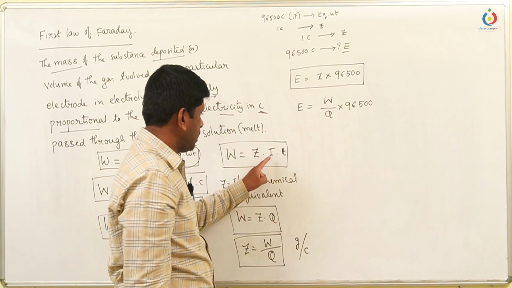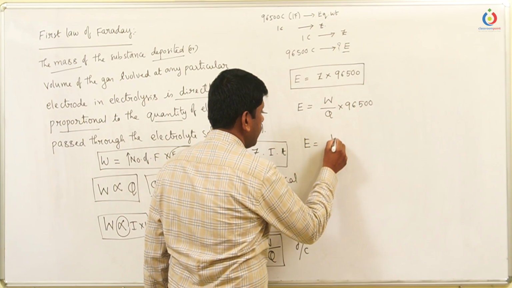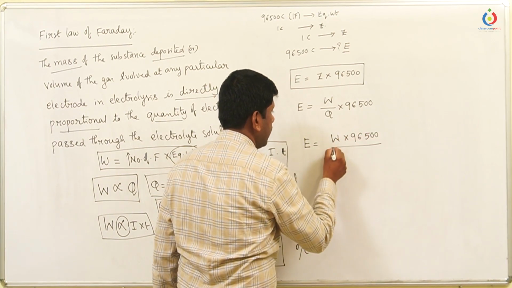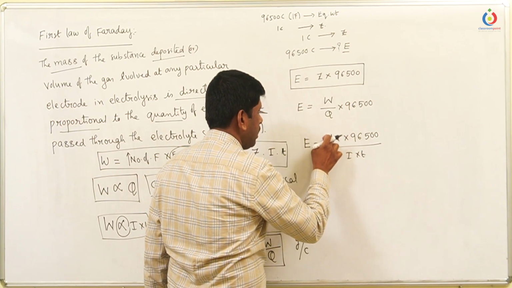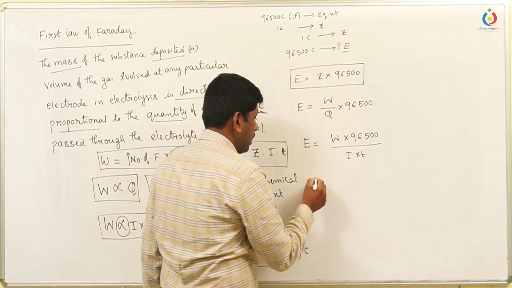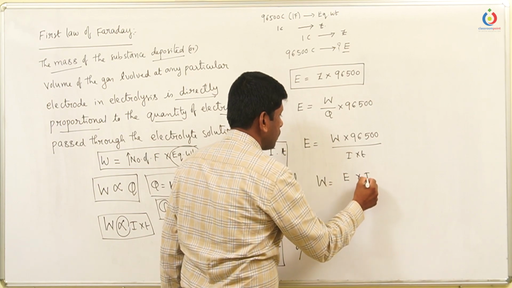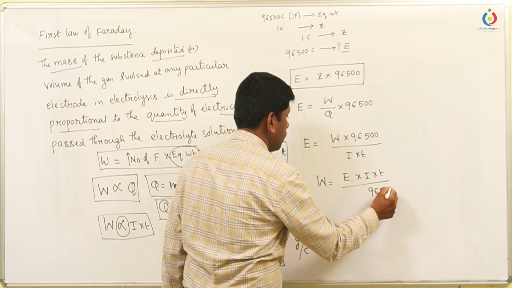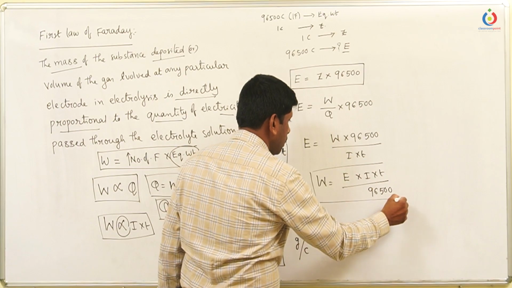Q can also be written as I into T. So I am going to write E is equal to W into 96,500 divided by I into T. But I would like to calculate the weight of the substance deposited in a particular reaction. So W is equal to equivalent mass into I into T divided by 96,500. This is one formula now.